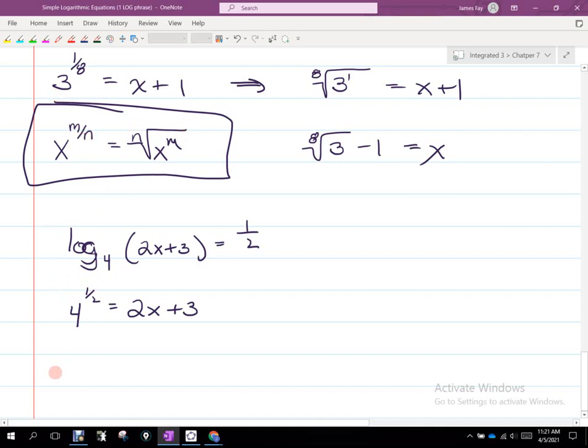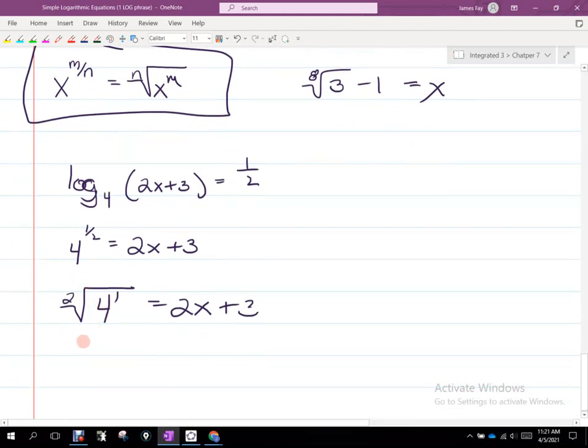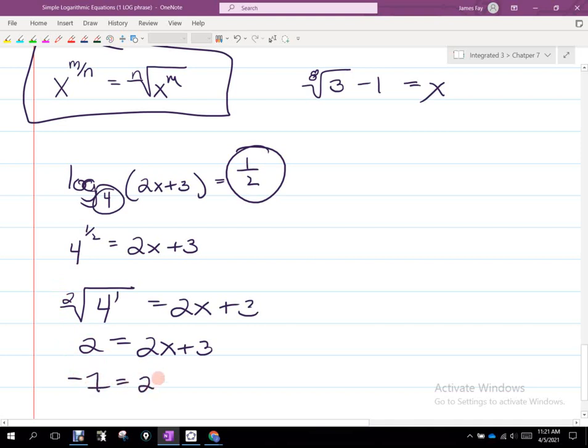So I'll have the square root of 4 to the 1st equals 2x plus 3. But what's the square root of 4? 2. So they probably try to write that number there and that number there together well enough so that when you do take the square root or the cube root or the 4th root or whatever, it turns into a nice integer. Might not always be the case.